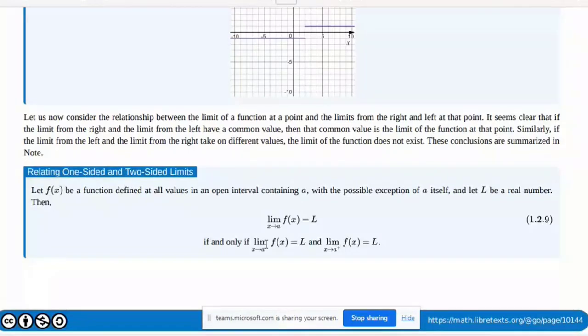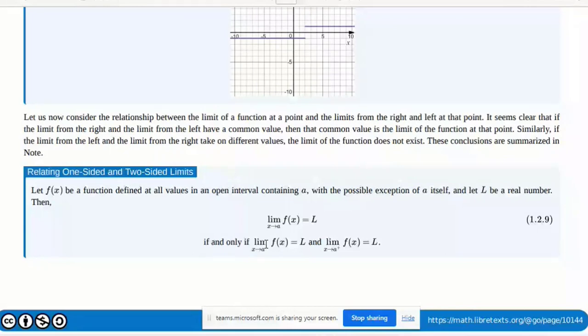They're saying, let f of x be a function defined at all values in an open interval containing point A, with the possible exception of A itself, and let L be a real number.